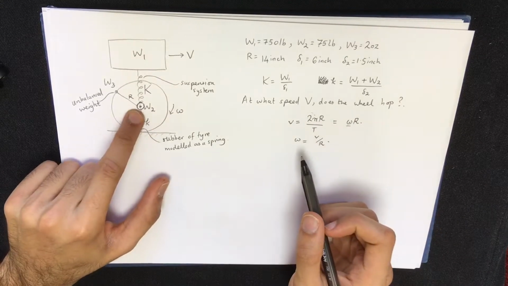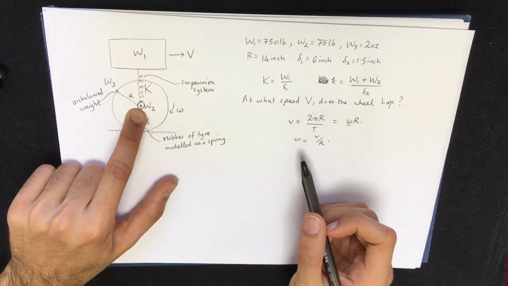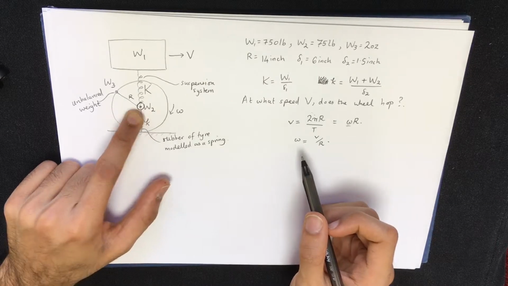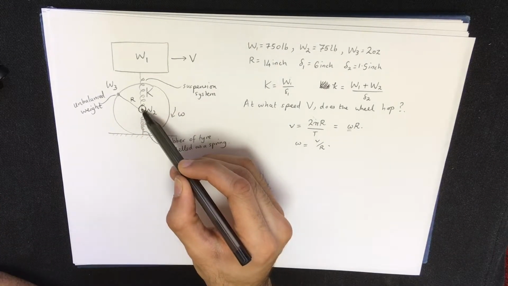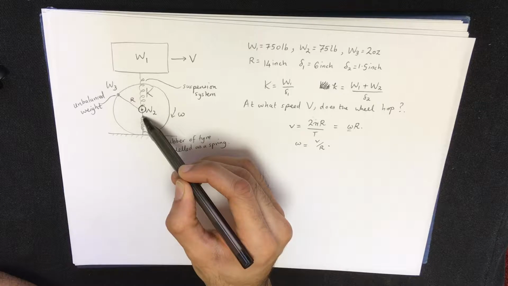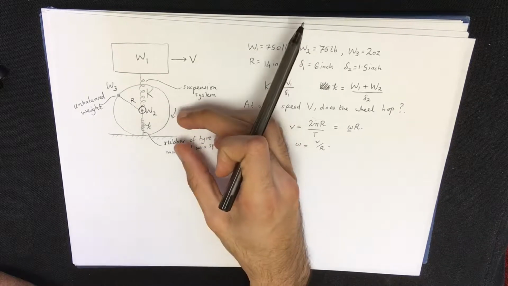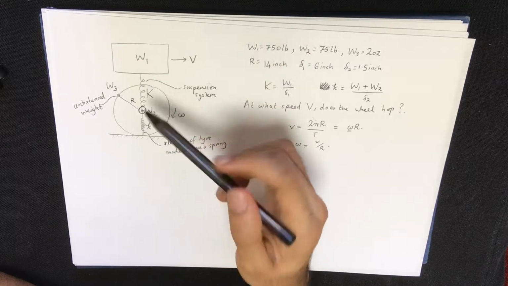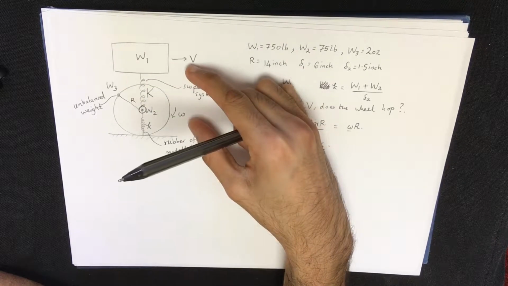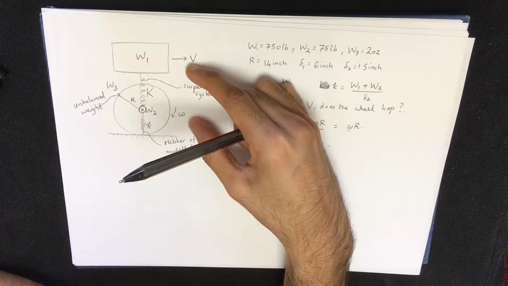Now we can figure out the natural frequency of the center of the wheel as well. If I imagine nudging the center of the wheel slightly downwards in the negative y direction, then the rubber in the tire is going to compress slightly, and the suspension system is also going to extend by the same amount.